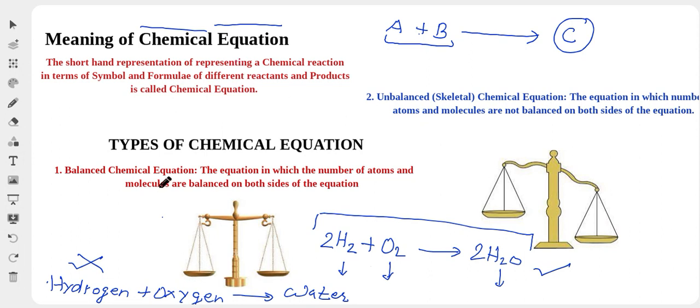Now let's discuss the types of chemical equation. The very first is the balanced chemical equation, and the other is the unbalanced, also known as skeletal, chemical equation. With the help of an example, I am going to tell you what a balanced chemical equation and an unbalanced chemical equation are.